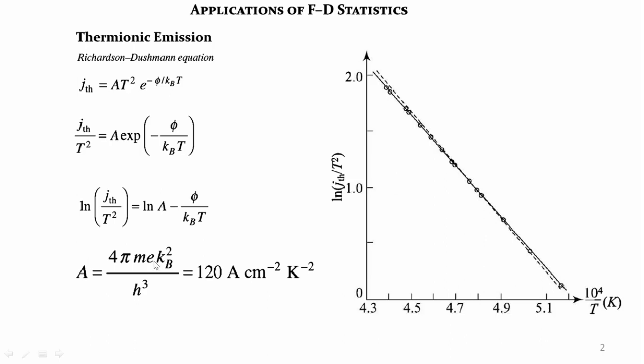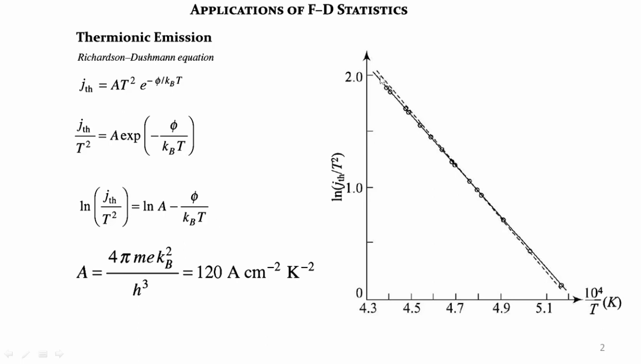But then this can also differ a little for different metals based upon the effective mass. So instead of taking the free electron mass, if there is a difference in the intercept, that can be attributed to the effective mass of the electron.